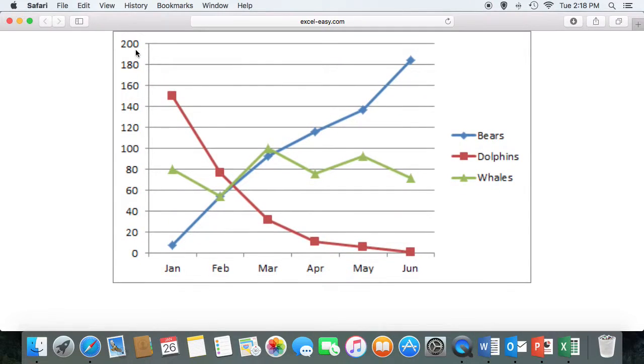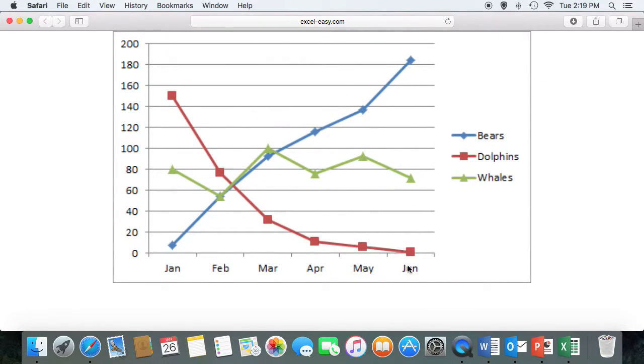And we've also got numbers here at the side. If we take a look over here, bears are represented by the blue line, dolphins, the red line, whales, the green line.